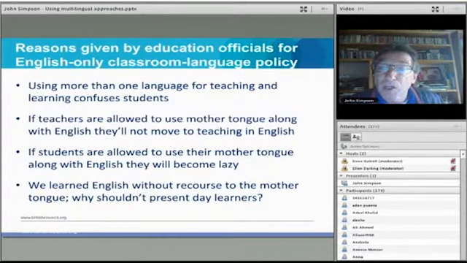I'd be interested to know to what extent teachers, you as an English teacher or teacher of another subject, feel that you actually have a license, that you're allowed to use the other languages in the classroom to promote learning and understanding. Here in parts of sub-Saharan Africa, teachers don't feel that they are permitted to do that.